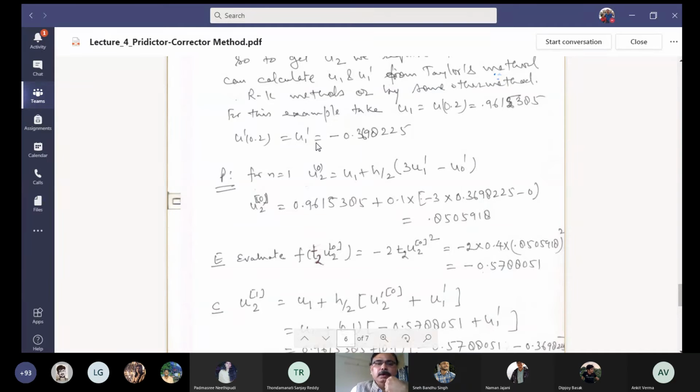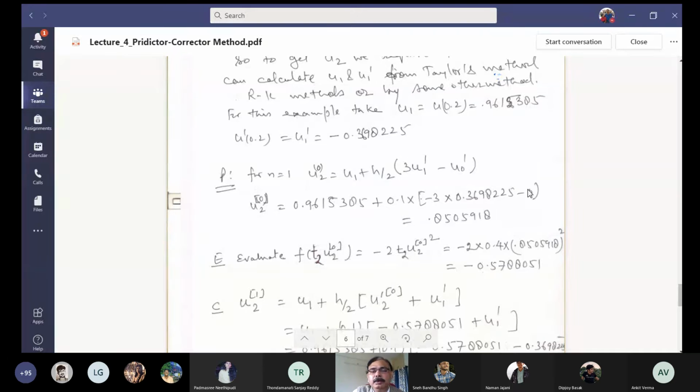Then you just put the values. u1 is known to you because just now we have calculated it, and then u1 prime you can get using your u prime equal to f. So u1 prime is also known. u0 prime also you can get by using u prime equal to f. That turns out to be 0 for this because x0 is 0, and f is minus 2t u square.